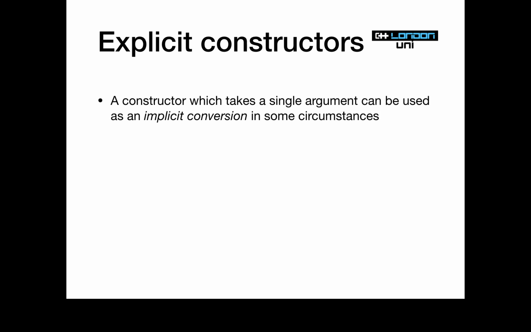Constructors which take a single parameter are kind of special. They can be used for what's called an implicit conversion. This is where the constructor gets called in a hidden way, automatically by the compiler.